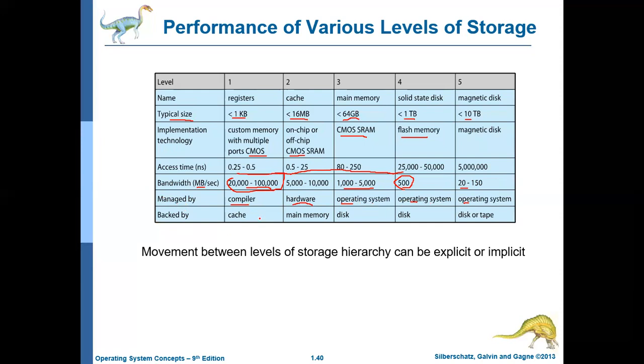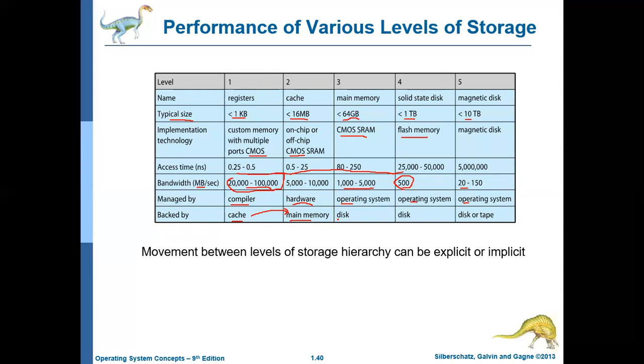So the contents of register will be backed up in the cache memory. Whatever is in register will also be available in the cache memory. So contents of register will be backed in the cache memory, and the content of cache memory will be backed in main memory.